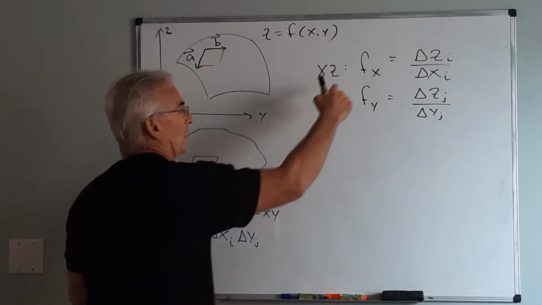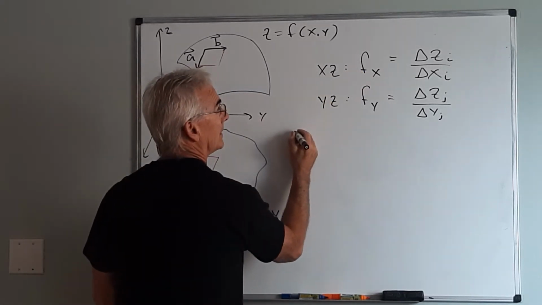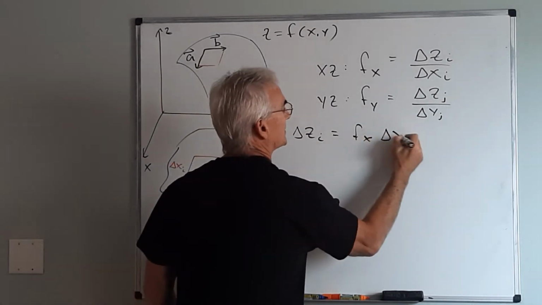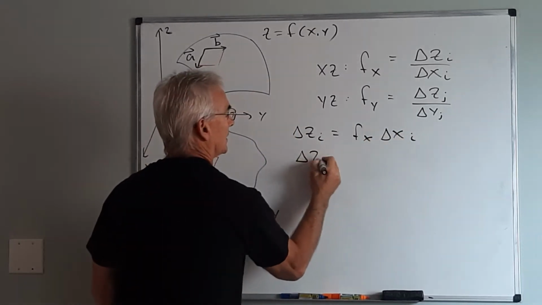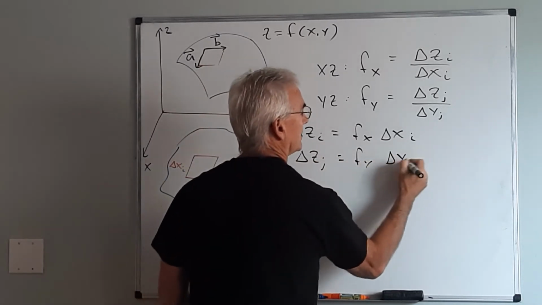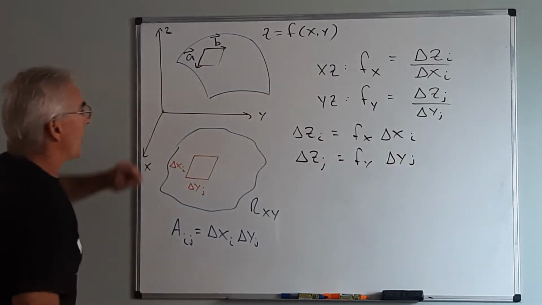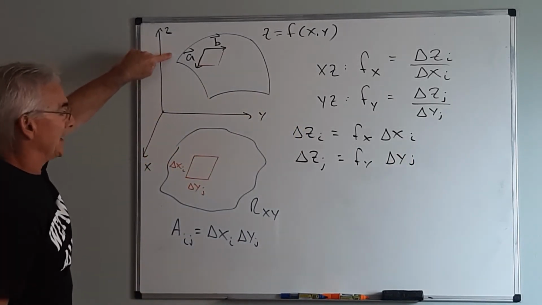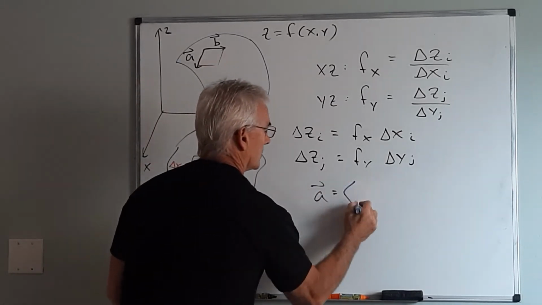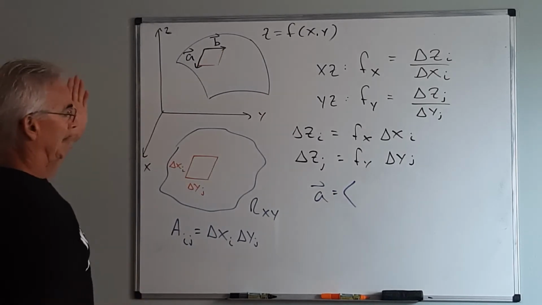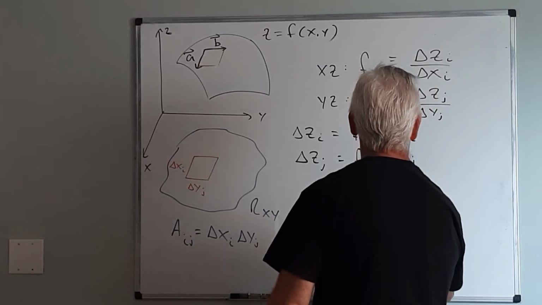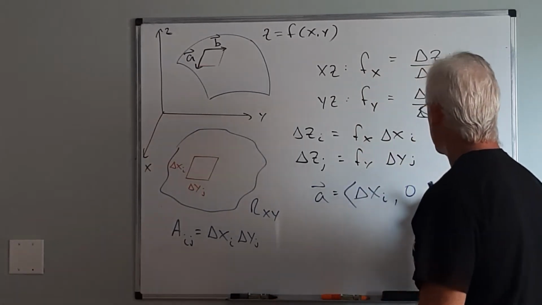So from that standpoint, that would mean that delta z_i equals f_x times delta x_i. Delta z_j would equal f_y times delta y_j. And now we can easily describe the two vectors A and B. Vector A, which lives entirely on the xz plane, would be delta x_i, 0, because there's no y component, delta z.